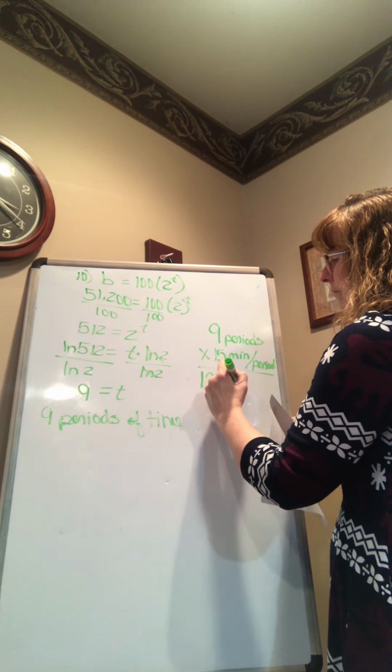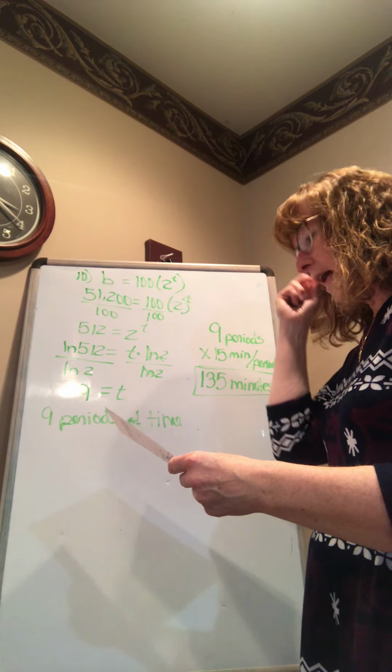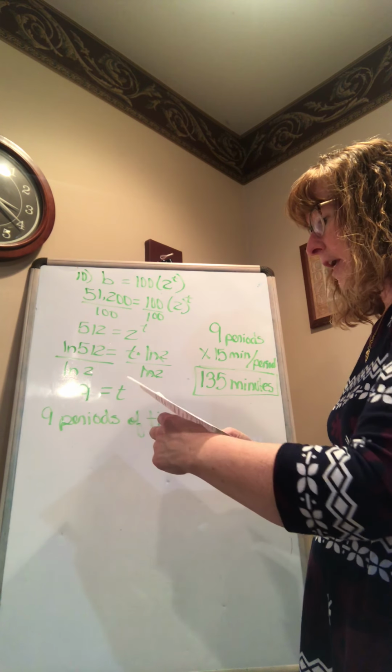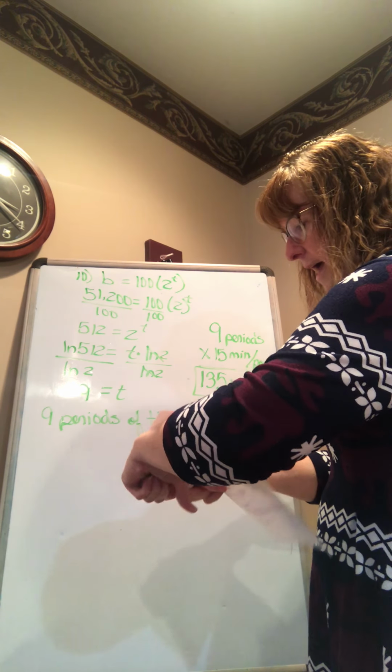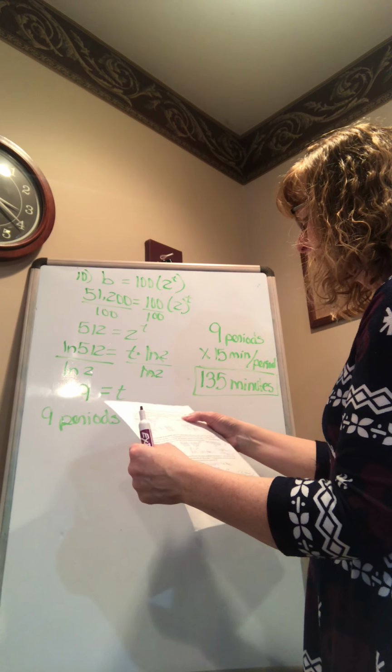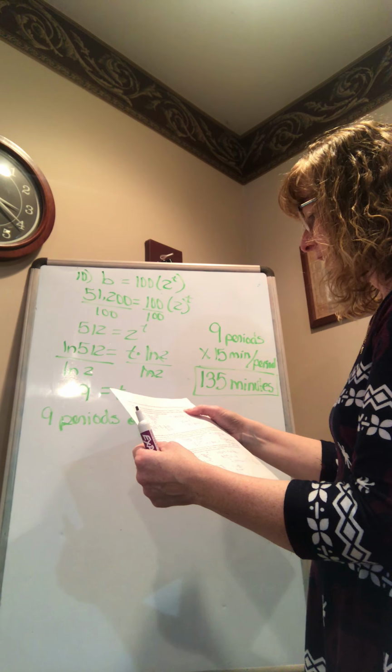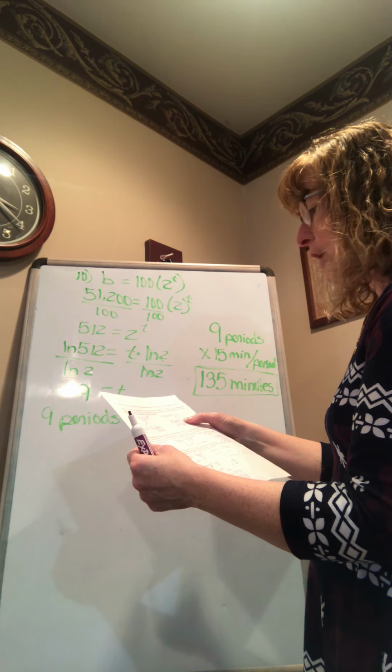Number 11, Drew's parents invest $1,500 in an account, and they give you this equation, which means that it's going to double every 7 years, and they want to know how long until it reaches $100,000.